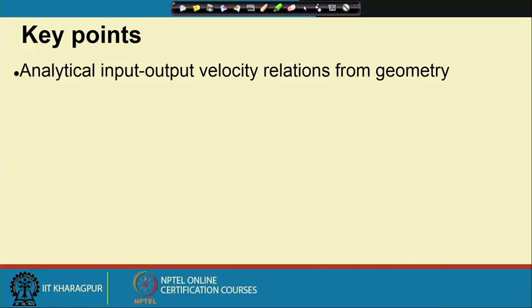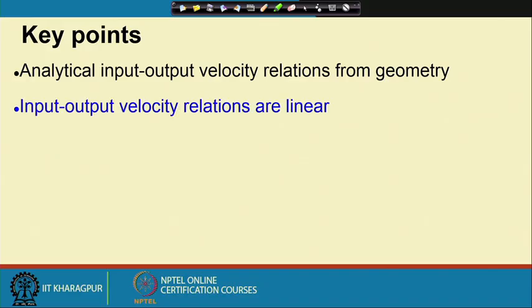So, let us review the key points that we have discussed in this lecture. We have derived the analytical input output velocity relations purely from geometric considerations. We have found that the input output velocity relations are linear.